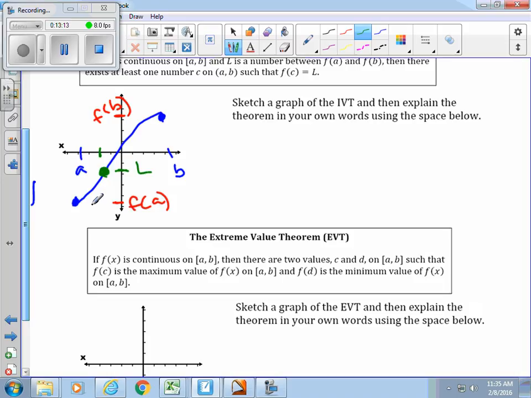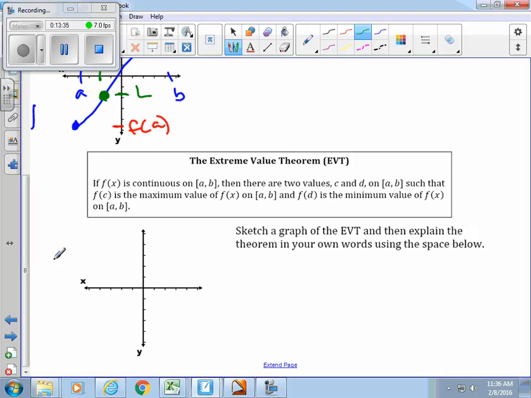That doesn't count, right? But somehow, if we're continuous, we've got to hit every point in between. So is it important for it to be continuous? Yes, otherwise that theorem is worthless.